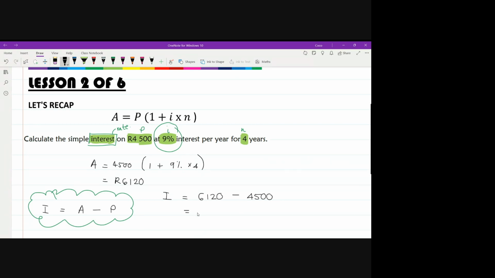So 6,120 minus 4,500 equals 1,620. So how much interest have we made? 1,620. We need to know the difference between the two. Interest actually comes up in both simple and compound interest, but that's the last thing we're going to speak about in terms of simple interest.